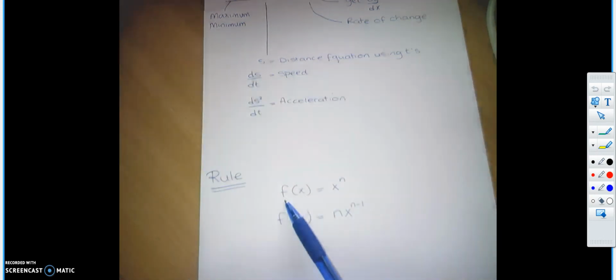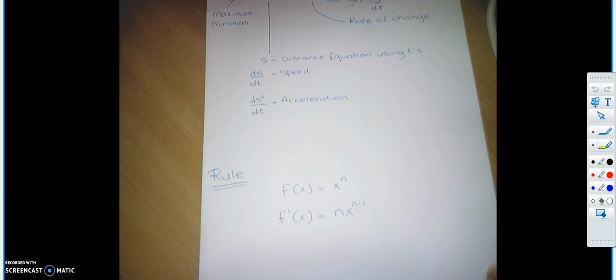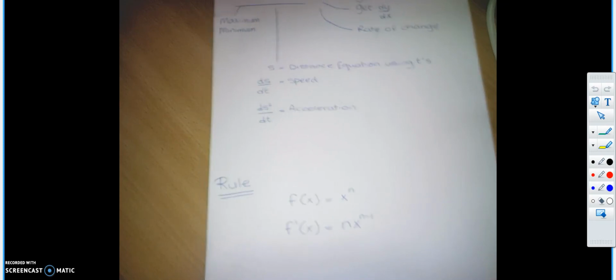So if I have a function f of x equal to x to the power of n, differentiated, f dash of x is equal to nx to the n minus 1. So what you are doing is bringing forward the power, multiplying by it, and reducing the power of the x by 1. Okay, so the power comes forward of the x, multiply by it, and reduce the power by 1.